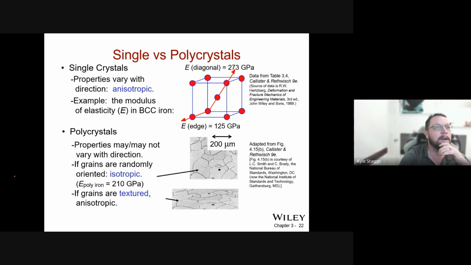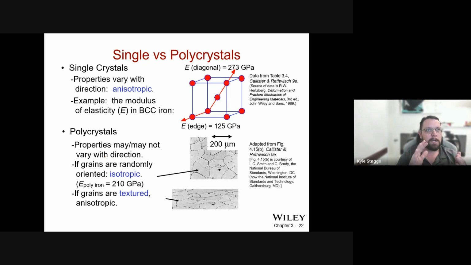So what we've got with these polycrystalline materials is that because they have different grain sizes and orientations, their properties may or may not vary with direction. It depends on how widely varied their sizes are, as well as the orientations.